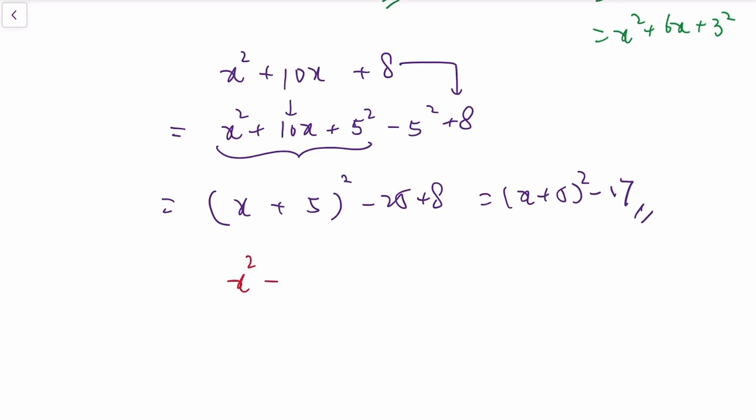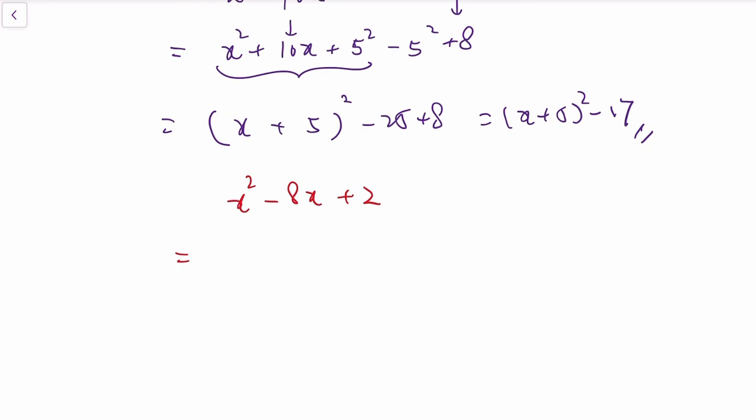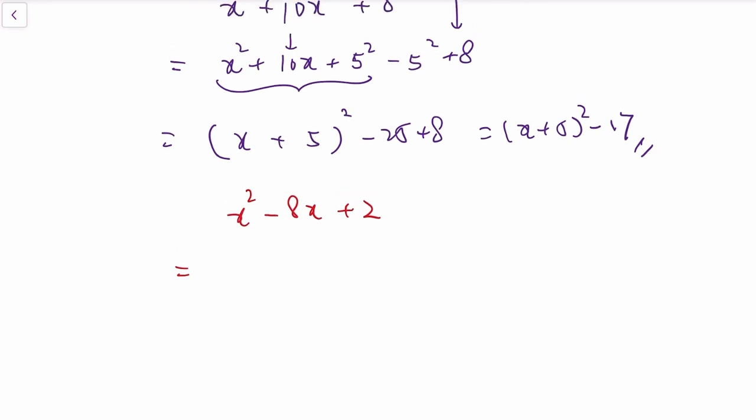Now let's try one with a minus in the middle. It turns out if there is a minus in front of x, you pretty much do the same thing, so you just keep going. You will still add this number divided by 2, squared. Negative 8 divided by 2 is negative 4. So technically you add negative 4 whole squared.